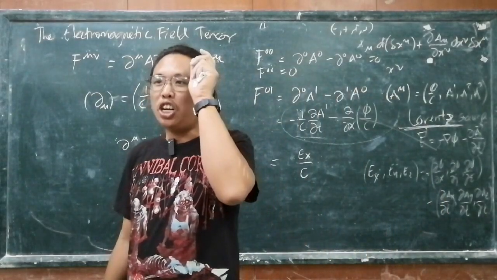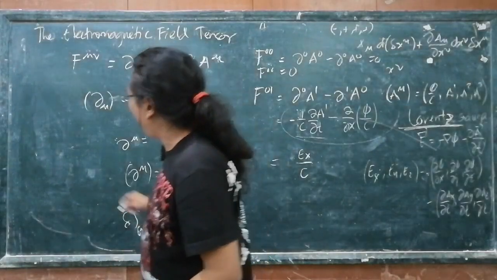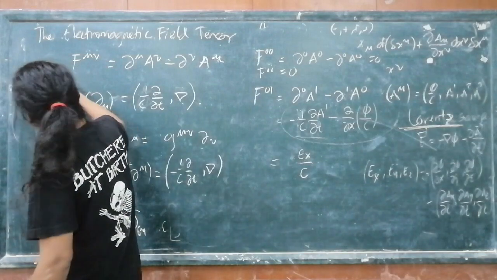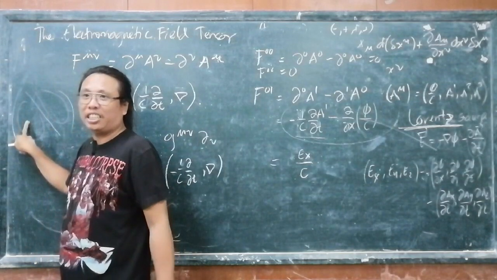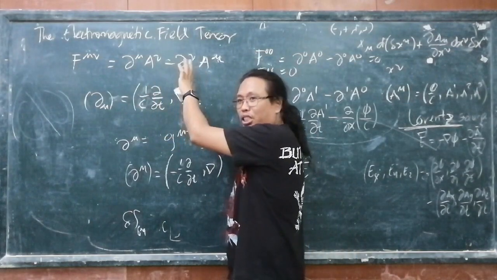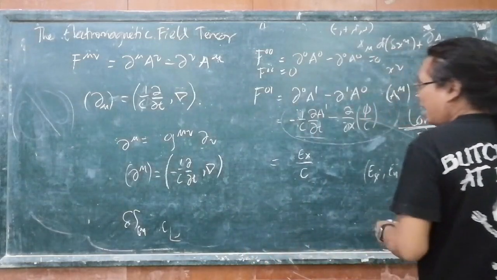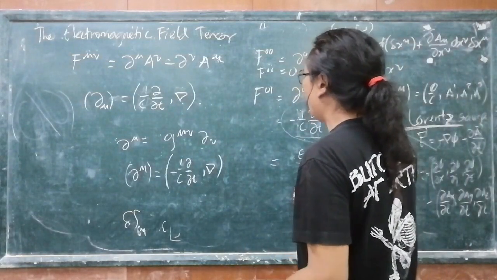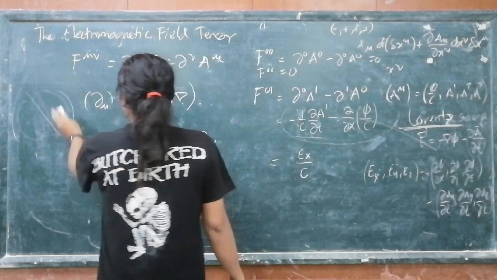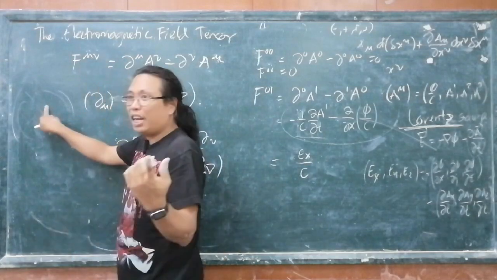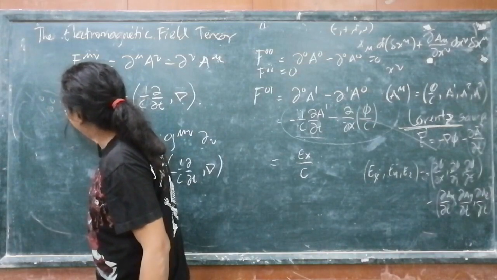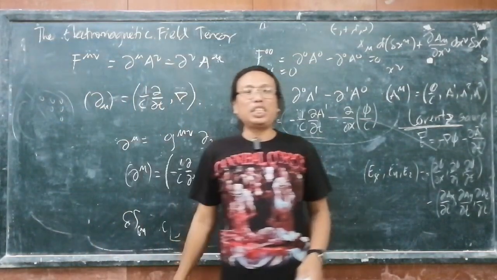That means we only need to evaluate the off-diagonal terms, since the diagonal ones are all zero, and the others are just negatives. So we only need the six: 1, 2, 3, 4, 5, 6.